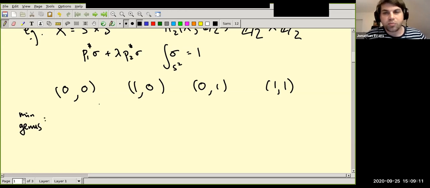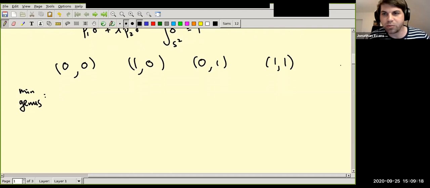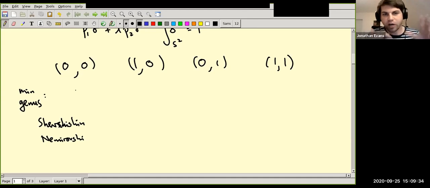Well, is it possible to have a null homologous Klein bottle? Turns out no, because there's a theorem of Shevchishin, and another independent proof by Nemirovski, that says there's no Lagrangian Klein bottle that's null homologous in any rational four manifold.